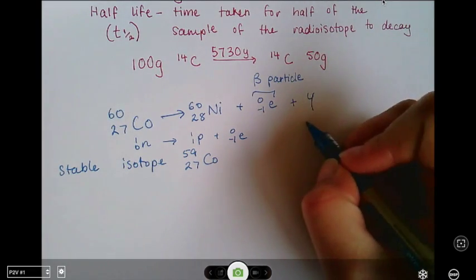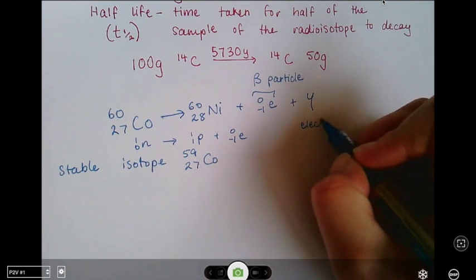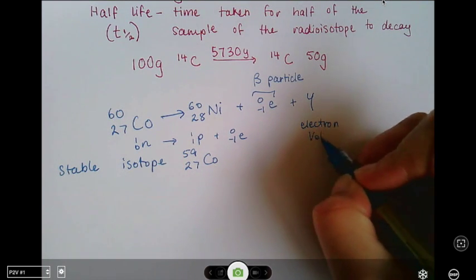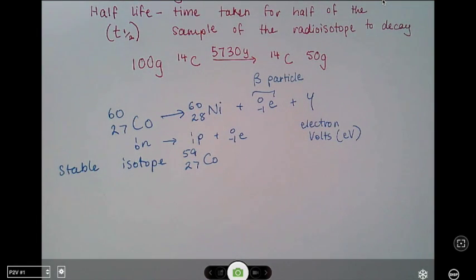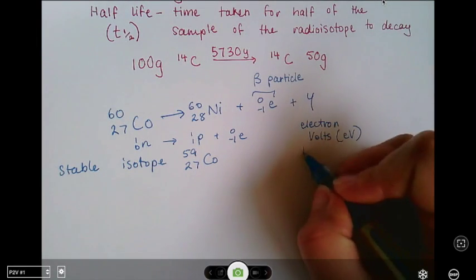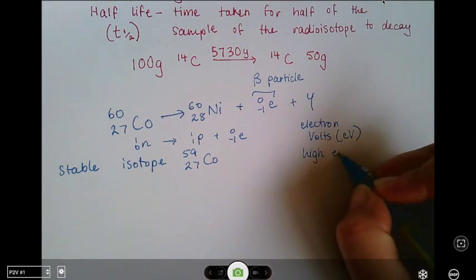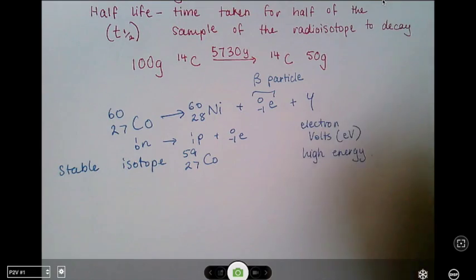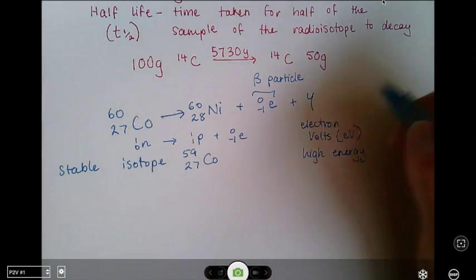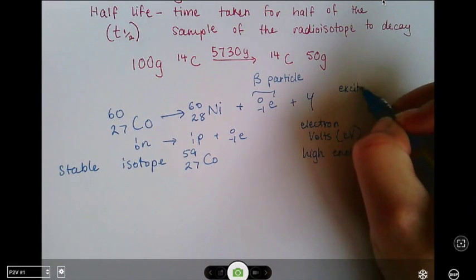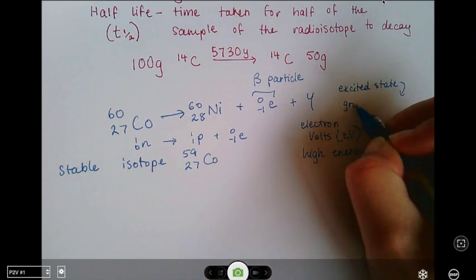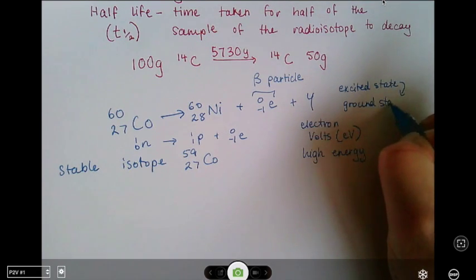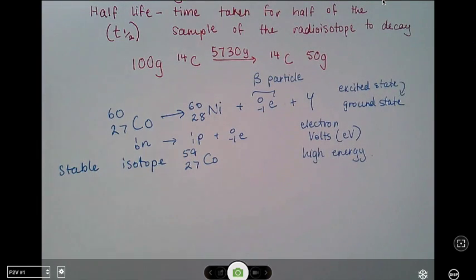And those gamma rays are measured in electron volts. And those that are emitted from the nickel nucleus are quite high in energy. So that allows the nickel nucleus to go from an excited state back to what we would call a ground state of energy.